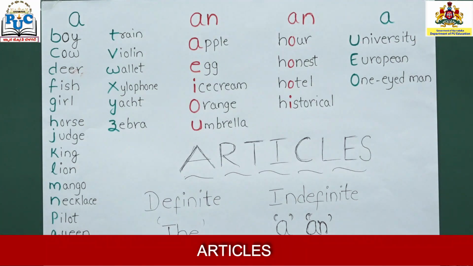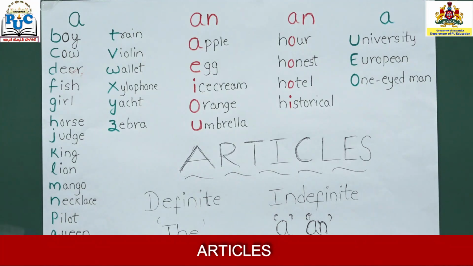Some of you know that you are supposed to use a in front of words beginning with a consonant sound and an in front of words or an object beginning with a vowel sound. But it's a bit different.